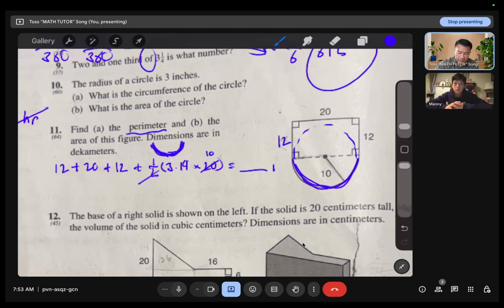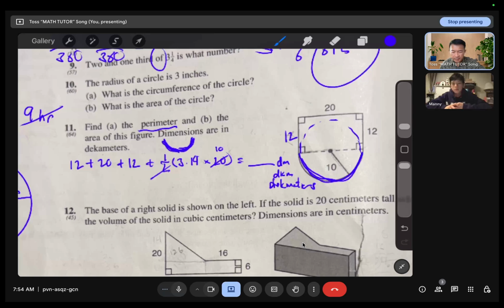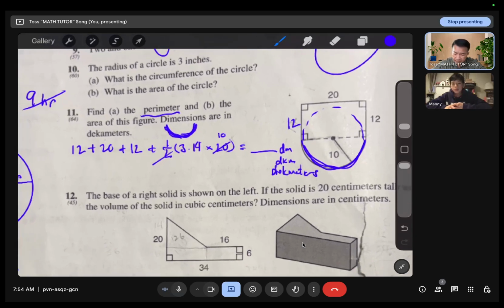So you can do DKM or DM, or you can write the whole word, decameter. Put S in there because it's going to be more than 1. Okay, and the area. This is the perimeter.